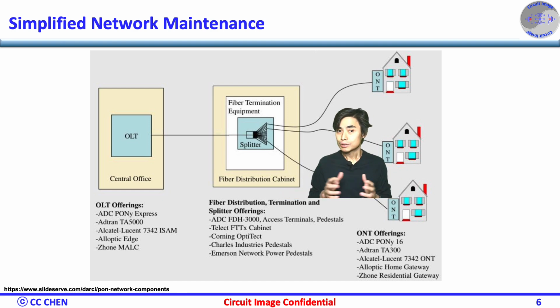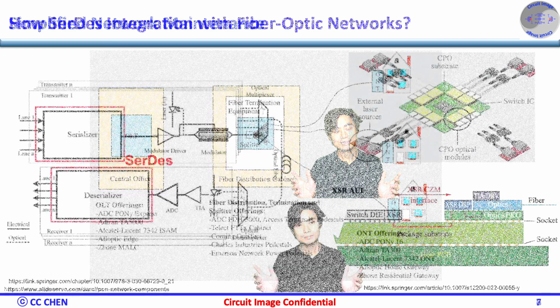The central equipment, known as the optical line terminal, or OLT, connects to multiple optical network terminals through splitters. This design allows the OLT to handle issues from individual users or groups without disrupting the entire system.